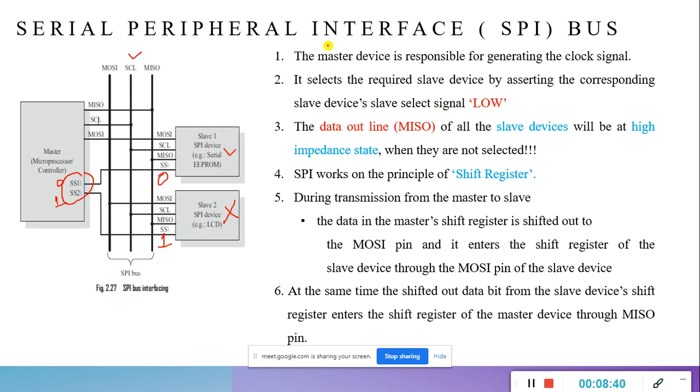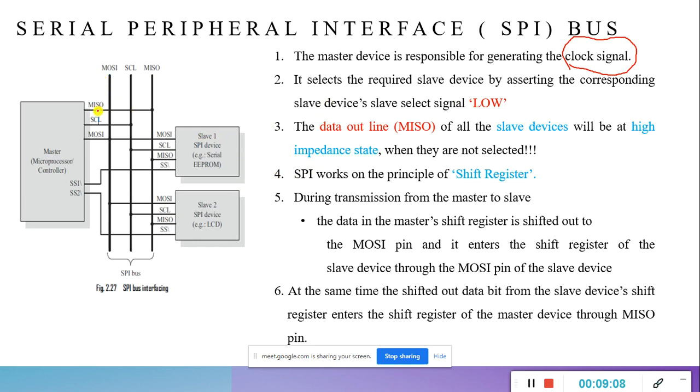Now the job of the master device is to generate the clock signal. First point, once it generates the clock signal, it is supposed to select which slave device it needs by passing logic 0 to the corresponding slave device.